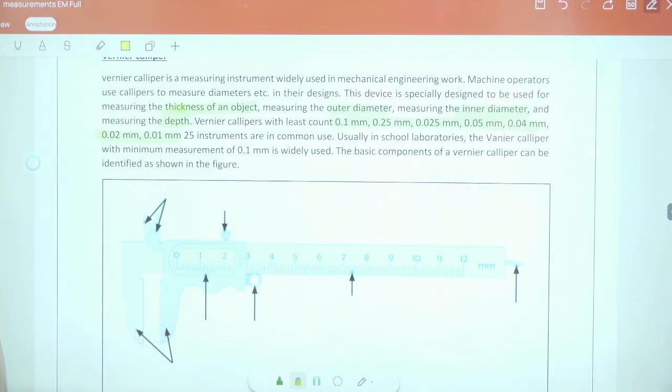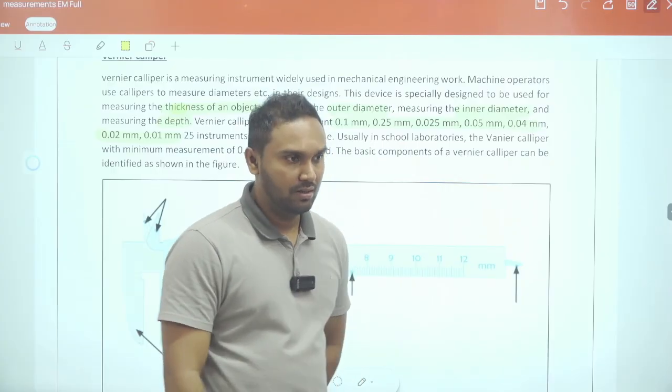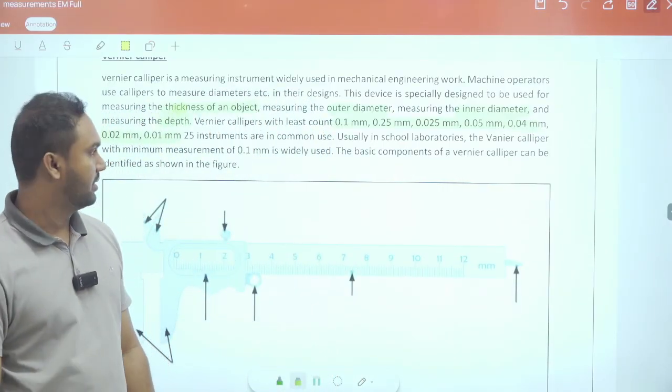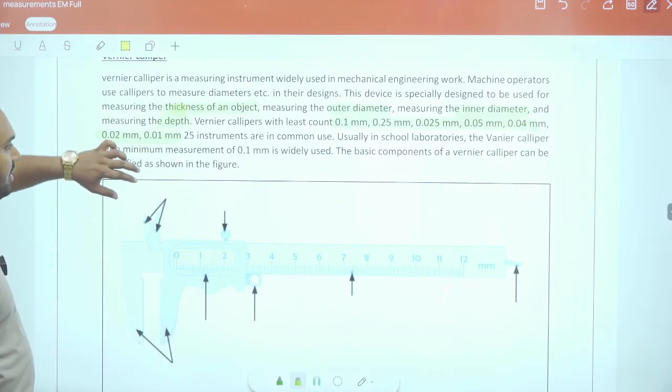Usually in school laboratories the vernier caliper with a minimum measurement of 0.1 millimeter is widely used. Mostly, that is the least count. The basic components of a vernier caliper can be identified as shown in the figure.